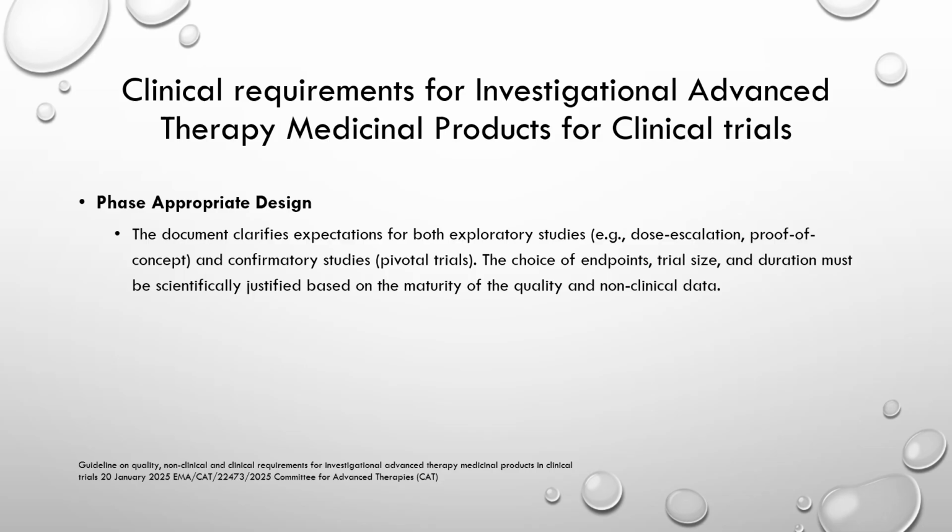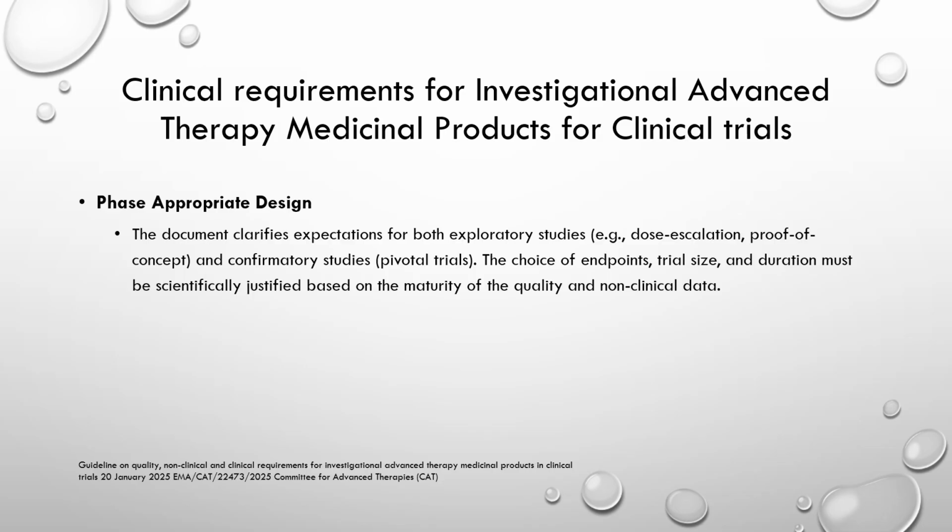So you have to design your clinical trial for the phase. For example, a phase 3 clinical trial needs to be representative of how you're intending to market the product. So the choice of your endpoints, trial size, and duration must be scientifically justified based upon the data that we've got.